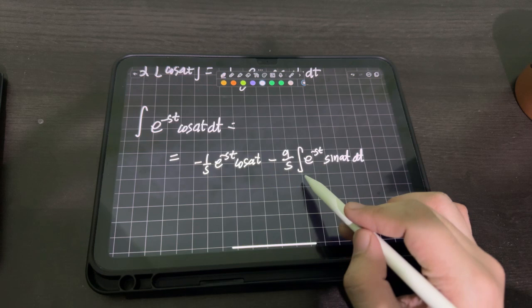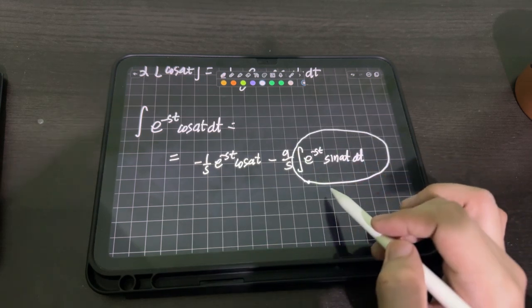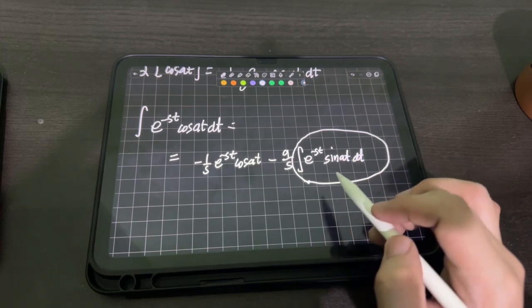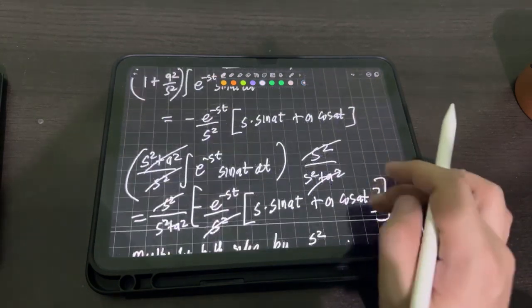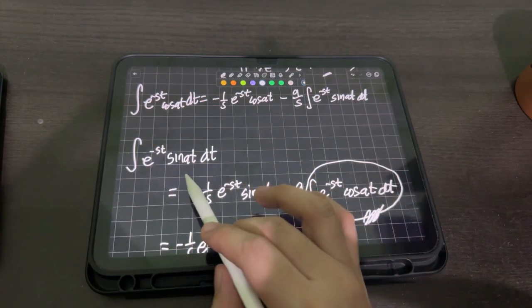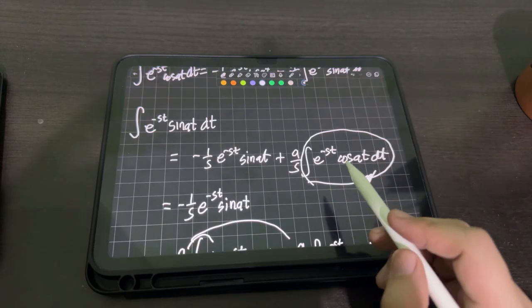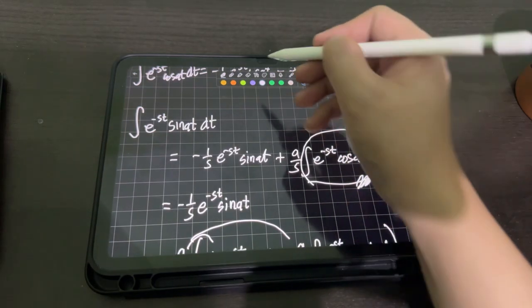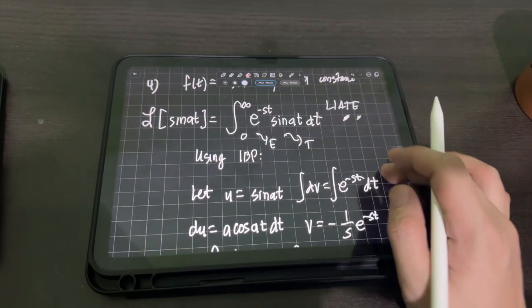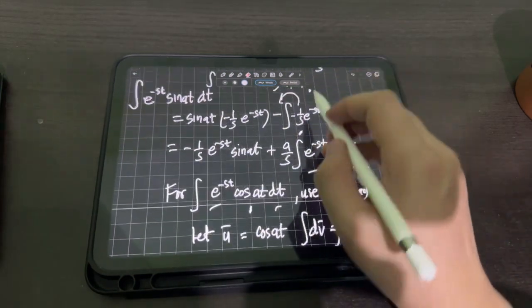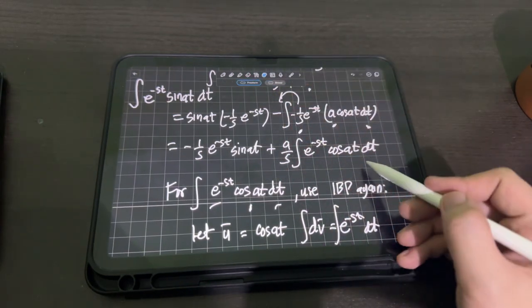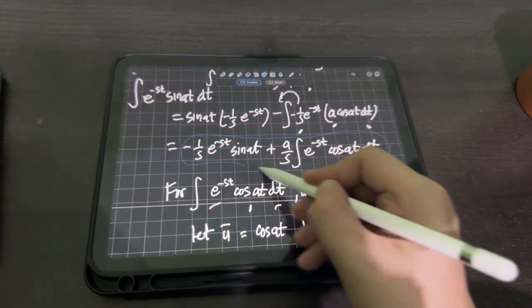Okay, next. We still have the integral of e to the negative st sine at dt, which we also already obtained on the previous problem. We know that the integral of e to the negative st sine at dt is this one. So let's just copy.